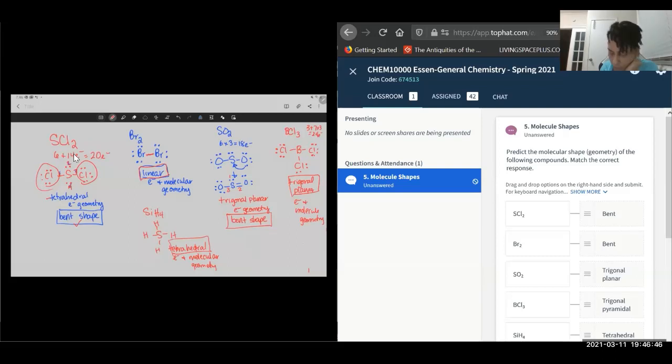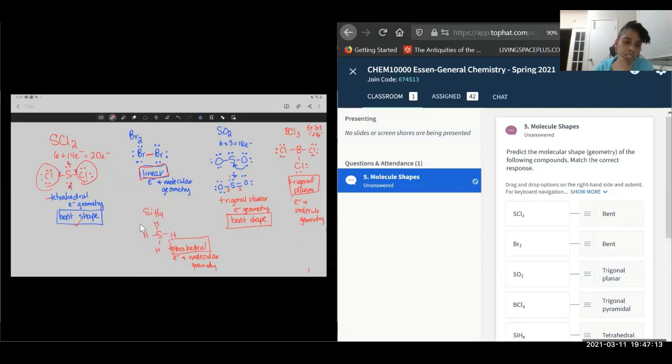Looking at SO2, so sometimes you'll get an idea of how everything in the same group is going to make the same types of bonds. So for SiH4, it's going to have the same shape and everything as CH4 because silicon and carbon are in the same group.